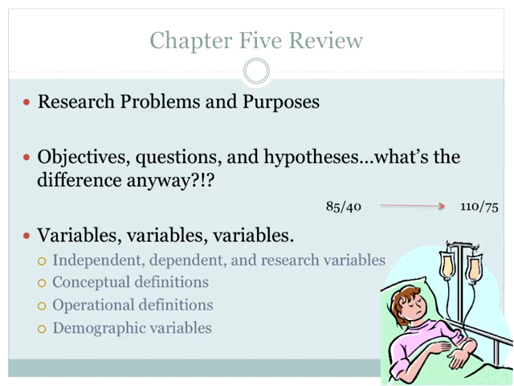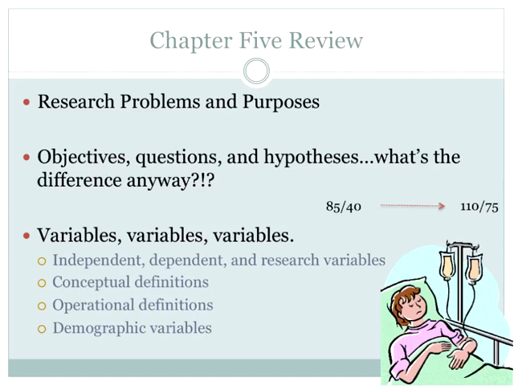Okay, there's something else here called a research variable. Now, a research variable are the qualities, properties, or characteristics that are identified in a research purpose and in objectives or questions that are observed or measured in a study. Wait a minute.